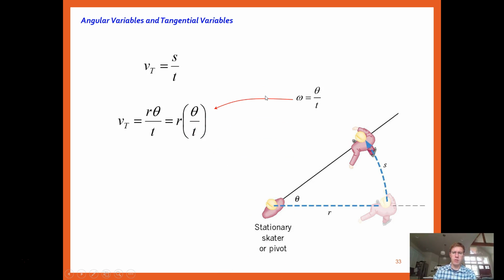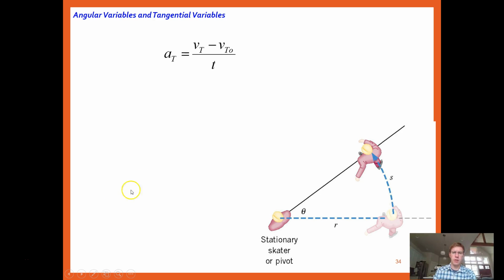Well, what is theta over t? That's just omega. So tangential velocity at any given point in time is equal to r times omega. Pretty cool, right? As long as you're in radians per second, r times omega gives you the tangential velocity.